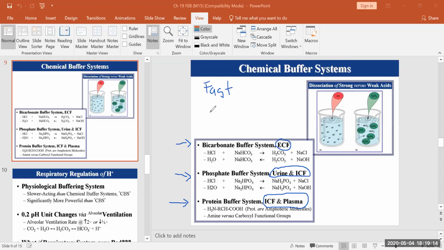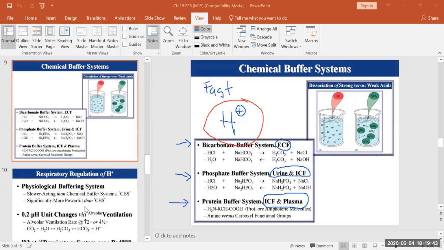They cannot completely eliminate free-floating protons that affect pH, right? The chemical buffer system cannot do it. It's just a quick fix, basically shuffling that proton around. The protons are still inside the system.